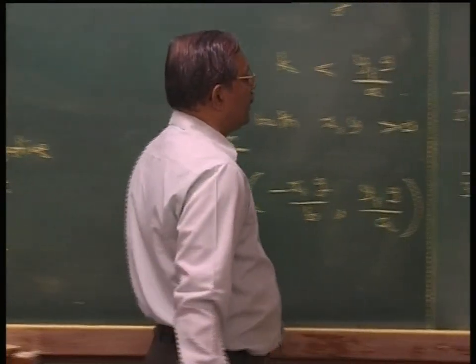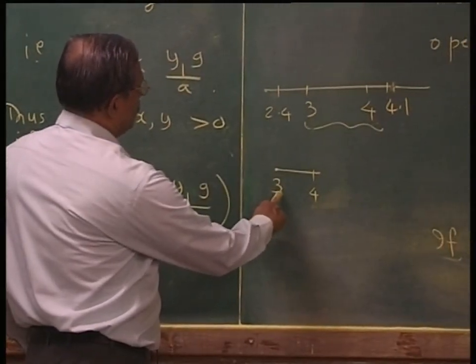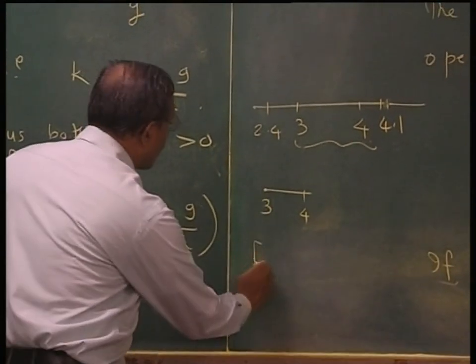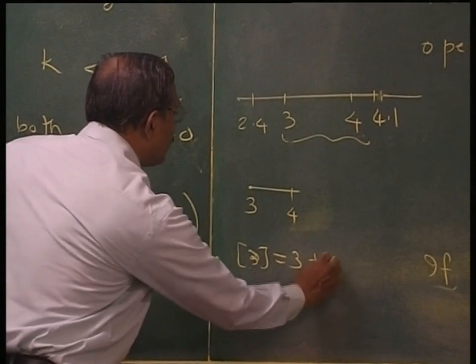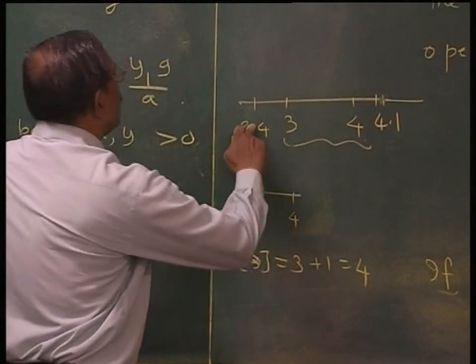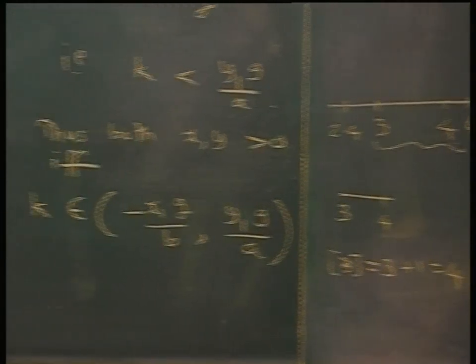So the integral part of 3 is 3, and then add 1 to it, that is 4, and so that we get it.